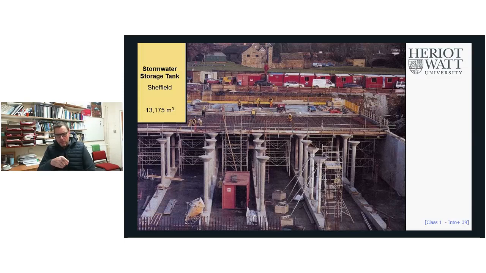The biggest one of these I know about in Edinburgh is 50,000 metres cubed, which is huge, and I think the biggest one in the UK is in Blackpool, and it's 200,000 metres cubed. So these are big assets which require significant investment. And the one in Blackpool was really important because it was designed to reduce the amount of CSO spills going into the river and also to the sea.